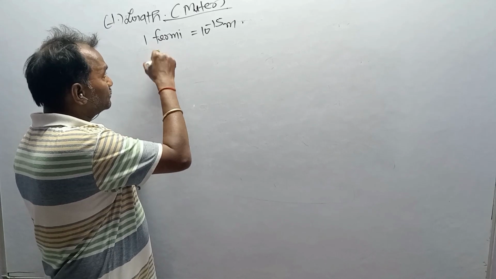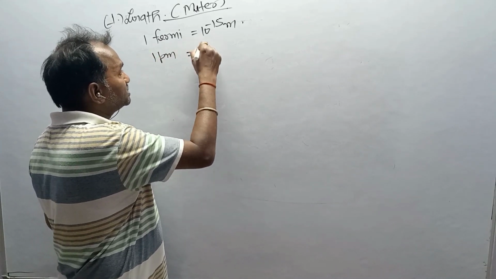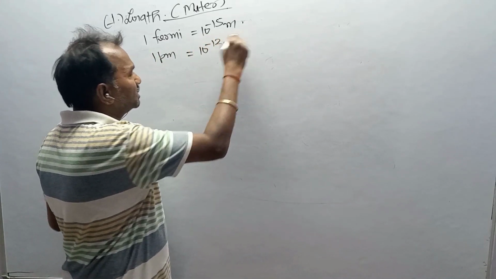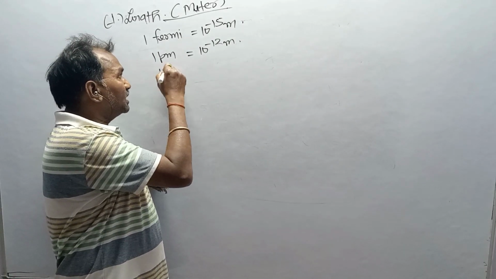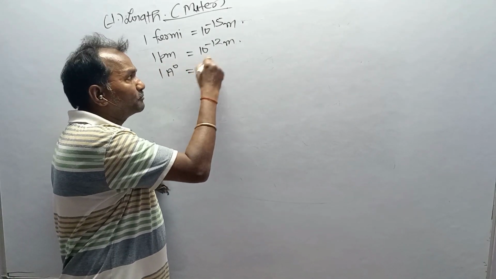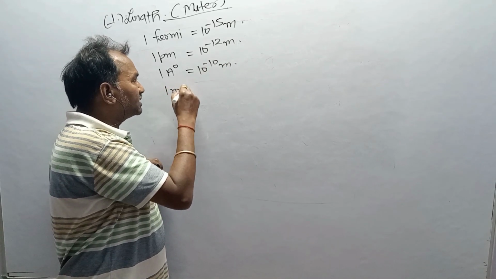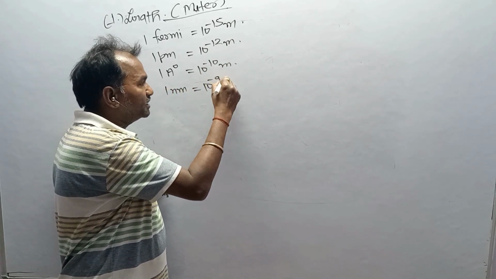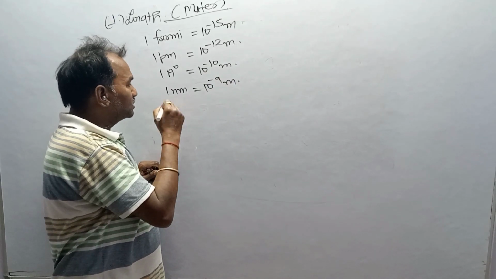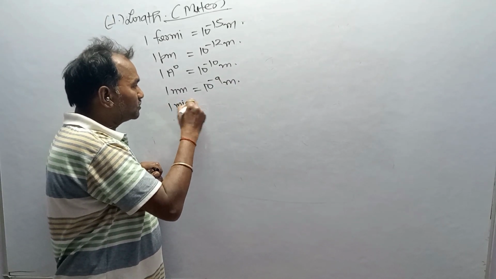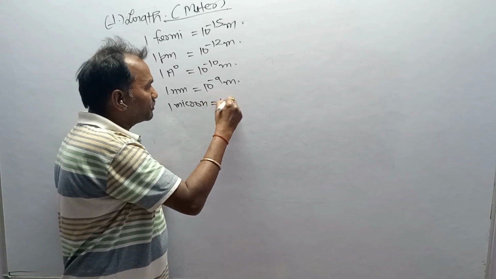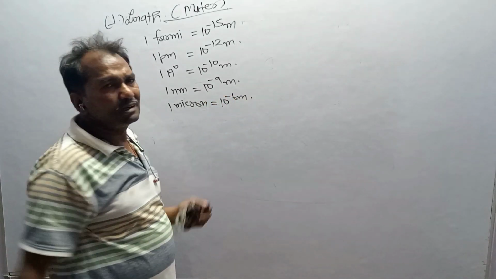Then comes the picometer, that is 10 to the power minus 12 meter. Then comes one angstrom, that is 10 to the power minus 10 meter. Then comes one nanometer, that is 10 to the power minus 9 meter. And then comes one micron, and that is 10 to the power minus 6 meters.